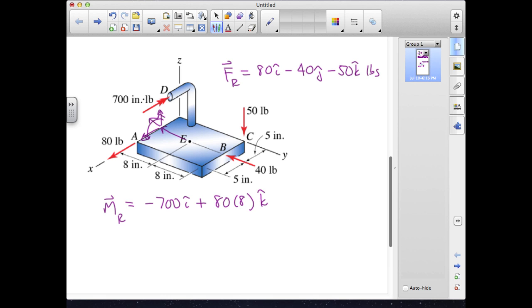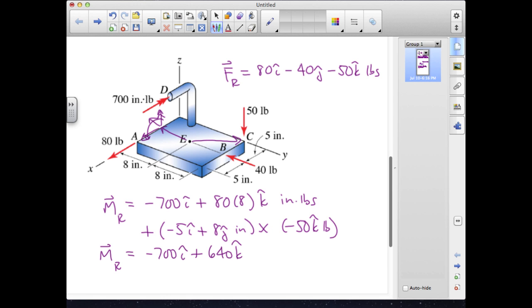And then finally, so this is in inch pounds, and then I'm going to use the vector approach for the 50-pound force based on this relative position vector from E to C. And so that's, we can see from the figure that that's going to be minus 5I plus 8J inches crossed into minus 50K pounds.